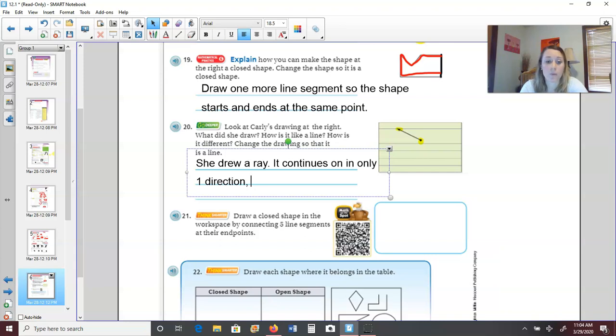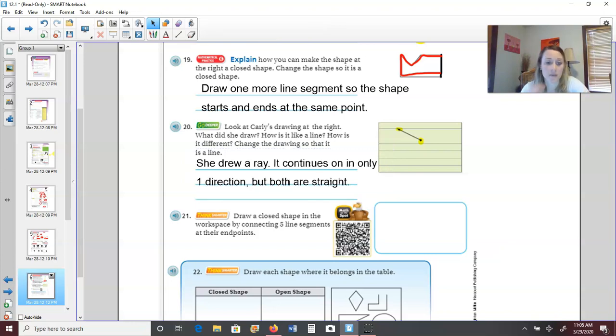So when we think of how these two are similar, a line and a ray both have to be straight. That is a very key concept with these new terms we're learning, boys and girls. So we could say both are straight. Okay, so it continues on in only one direction. Maybe I should add back here, but both are straight.